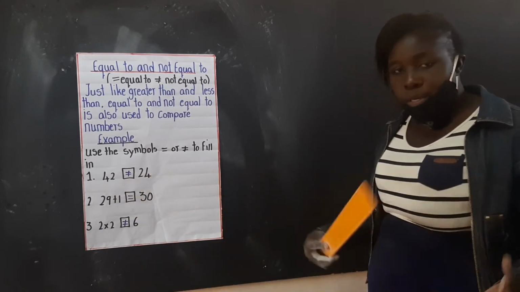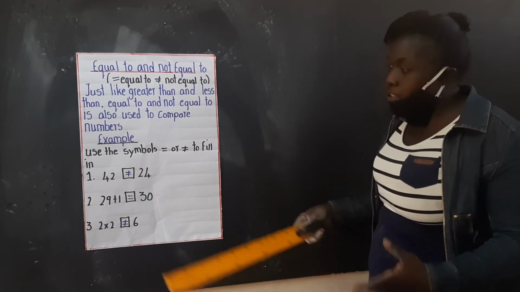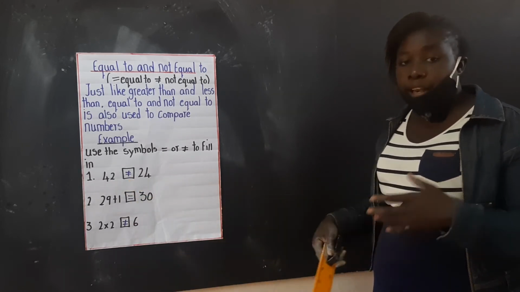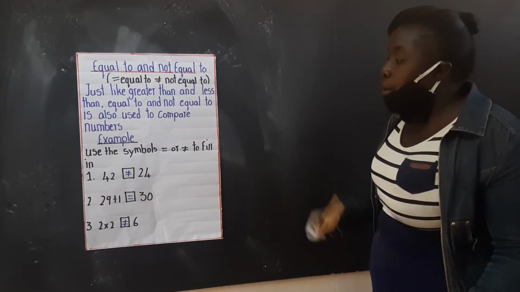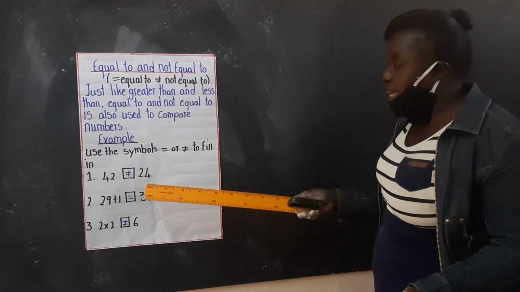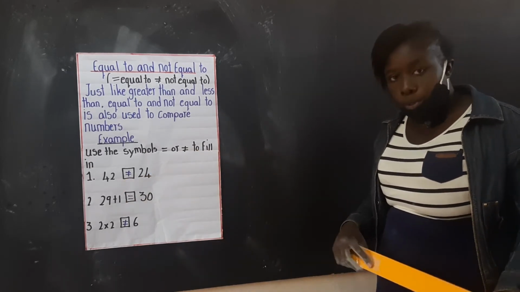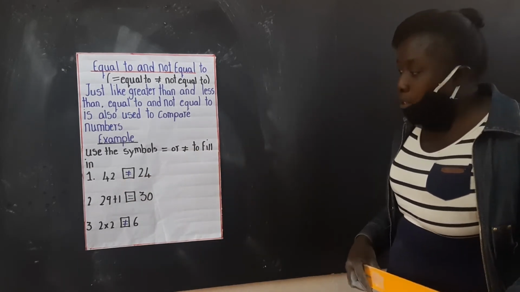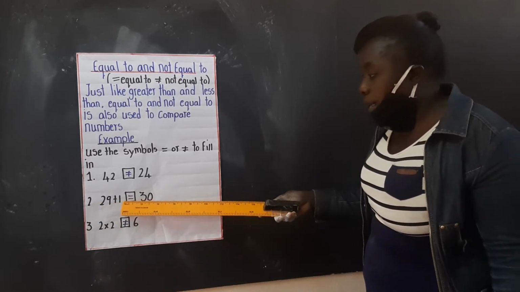When just reading the numbers, you can feel that the numbers are not the same. They are not equal to. So the correct symbol that we are going to choose is this one, for not equal to.